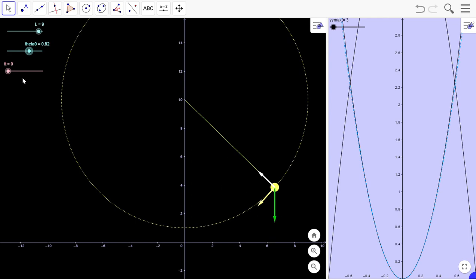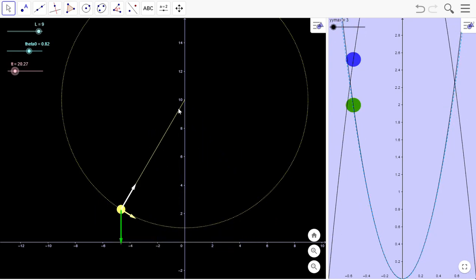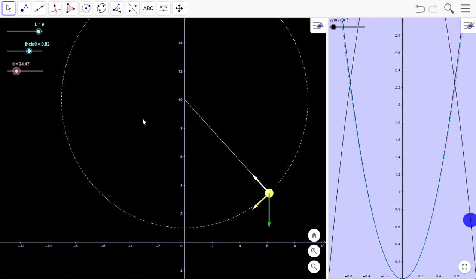Okay, so let's just let this go. Just watch what these vectors do. Here we go. And then we'll come over here and talk about energy in a second. Just see how this vector gets bigger in proportion to this angle. All right, so we have two conditions to make this simple harmonic motion.